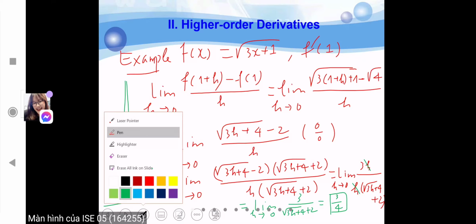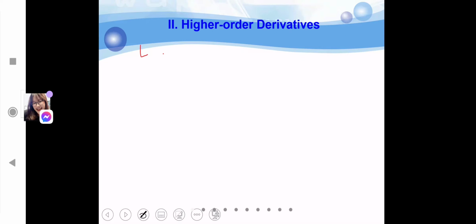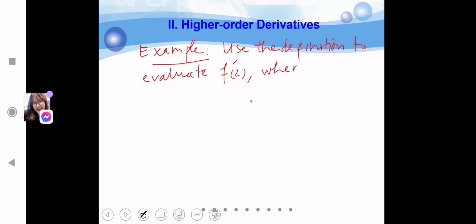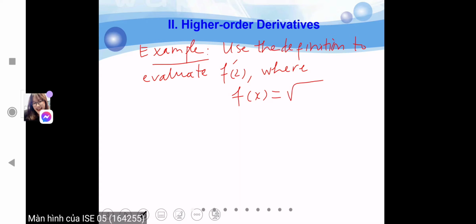Okay. Now I give you another example. Evaluate f prime at 2 where f(x) equals the cube root of (pi x minus 2).